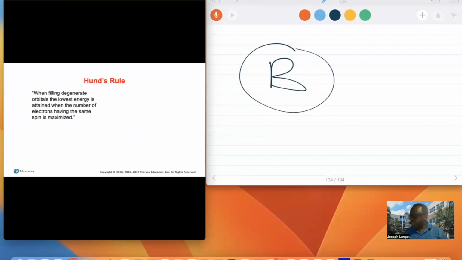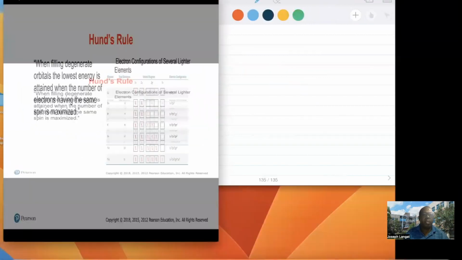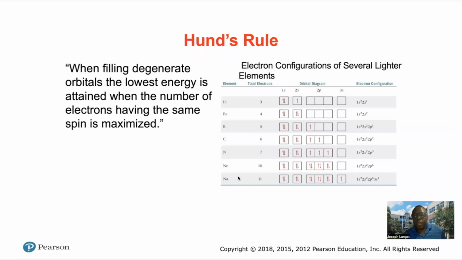Now, there is Hund's rule here, which states also that for degenerate orbitals, they occupy the lowest before you start pairing them up. If you look at all the electron configurations here for lithium all the way to sodium, they are degenerate orbitals. You don't pair them up until they are singly distributed.